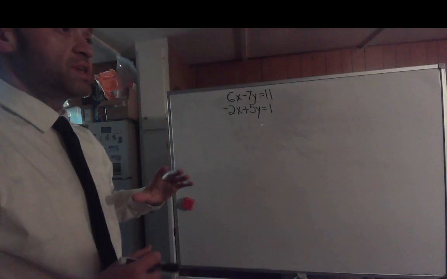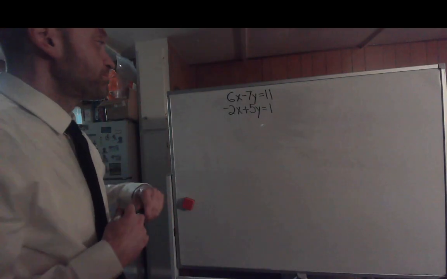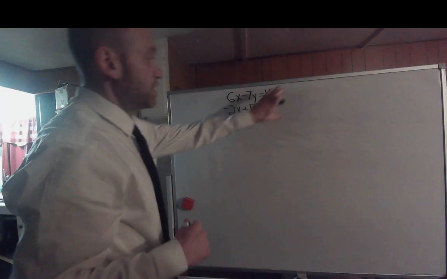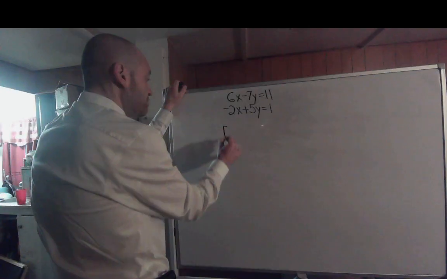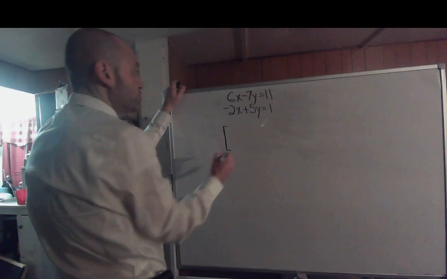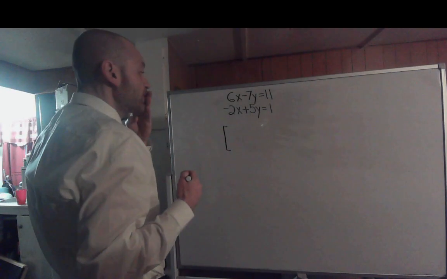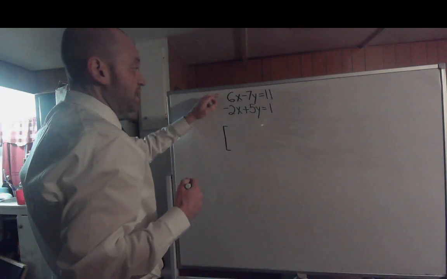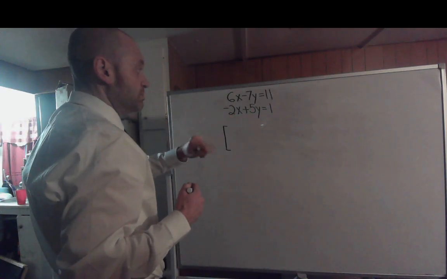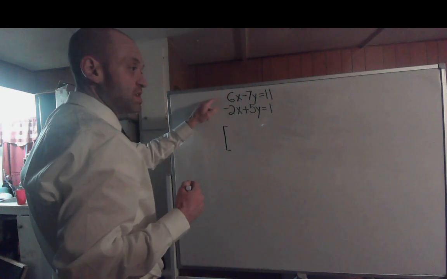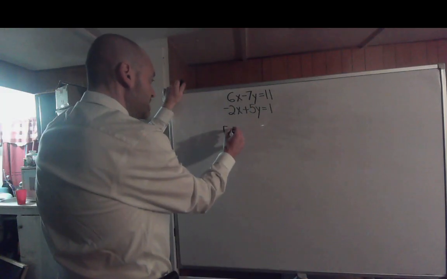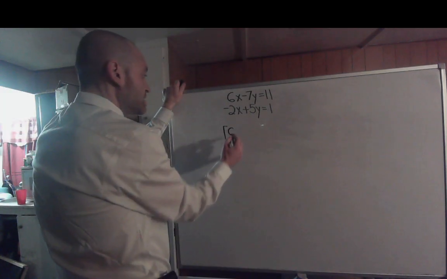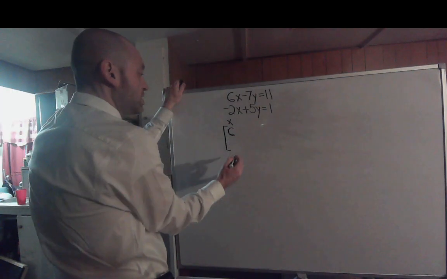So what you're going to do first is ignore the right-hand side of the equal sign. Go ahead, set up what's called your coefficient matrix. So you're going to have 2 rows by 2 columns to start. The first number in the first row is the coefficient on your x. That would be your 6. In fact, we could call this your x column.